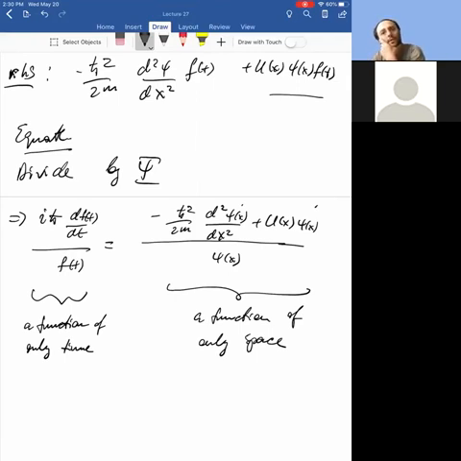Apples equals oranges, where apples and oranges are variables. That's only possible if both sides are equal to a constant. You cannot say that x squared equals t cubed. It makes no sense unless both functions are constant. If one is 25 and the other is 25, then it's possible for them to be the same function.